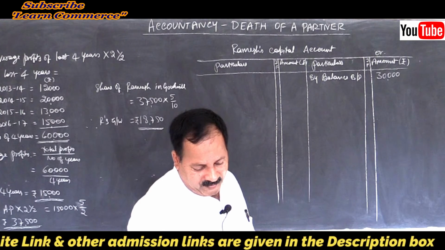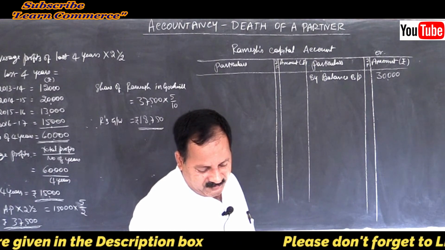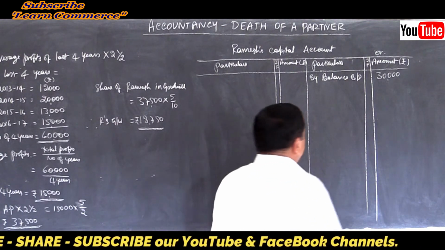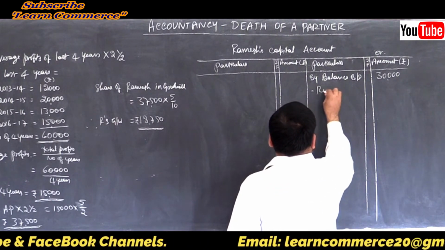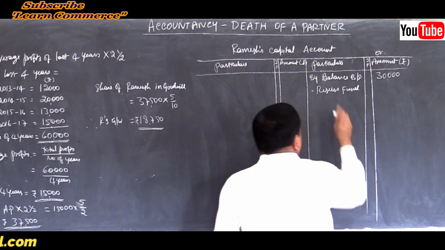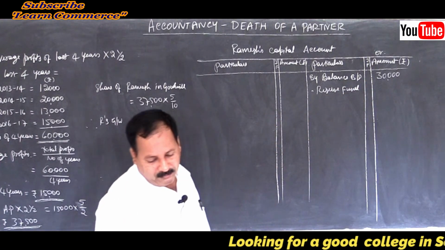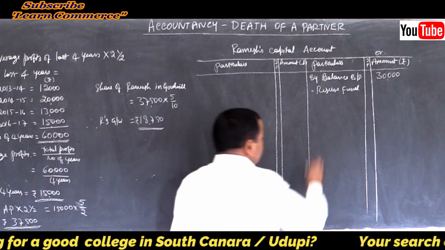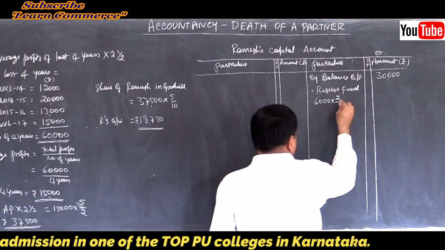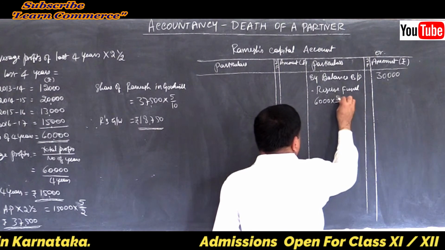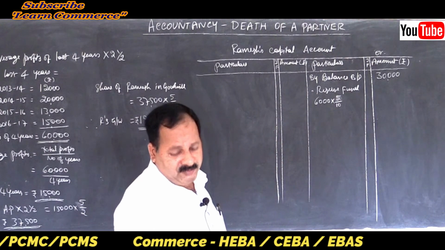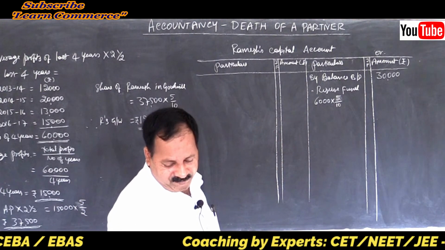Then we have to provide him what? Reserve fund is there in the balance sheet, accumulated reserve. So by reserve fund, show the calculations here. The total amount of reserve fund is 6,000, right? So his share 5 by 10. Is that correct? 5 is to 3 is to 2. Ramesh 5 by 10.